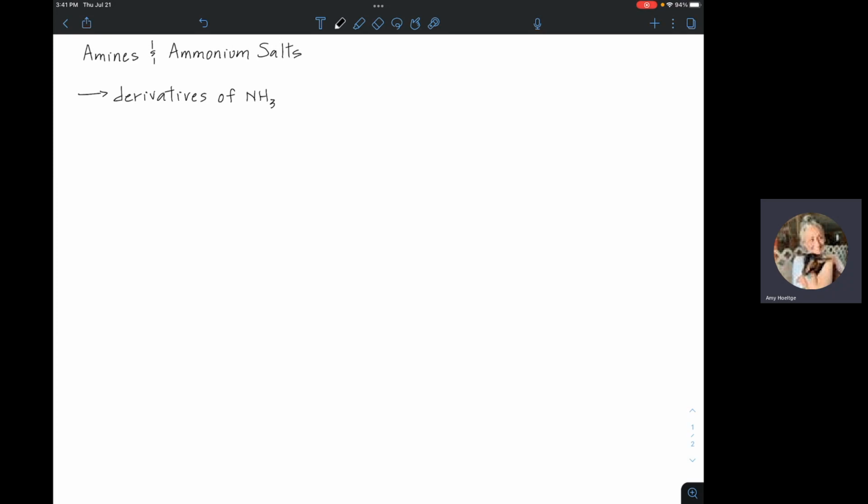They don't undergo substitution and elimination reactions like alcohols and alkyl halides and stuff like that. However, they can be used and are actually our most common organic bases.